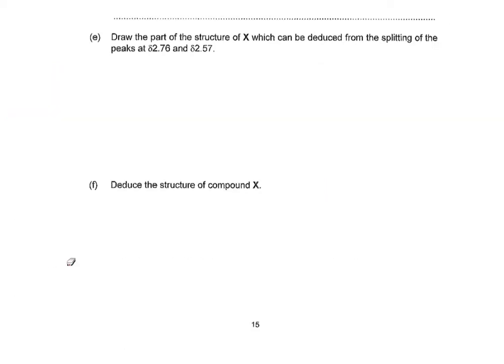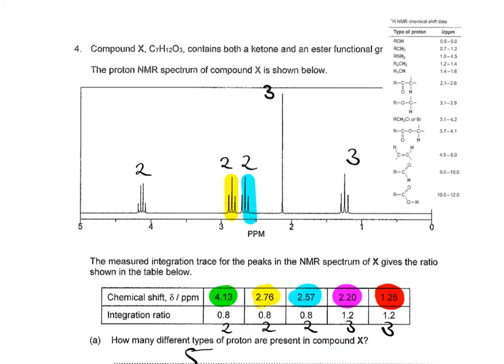We're now looking at the peaks at 2.76 and 2.57. I'm looking at another fragment of the molecule. We can see that we've got 2 CH2s, so the integration value is 2, and we also have 2 triplets, which suggests that we've got 2 hydrogens on the adjacent carbon, which would work for a CH2-CH2.